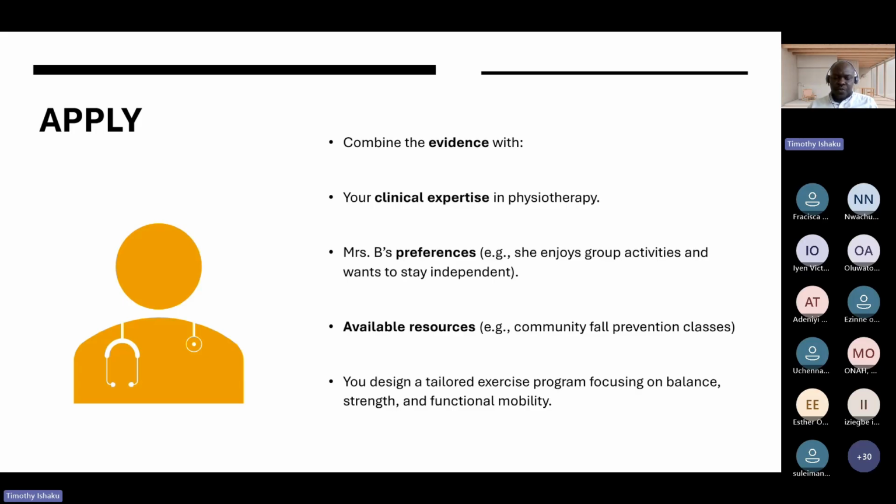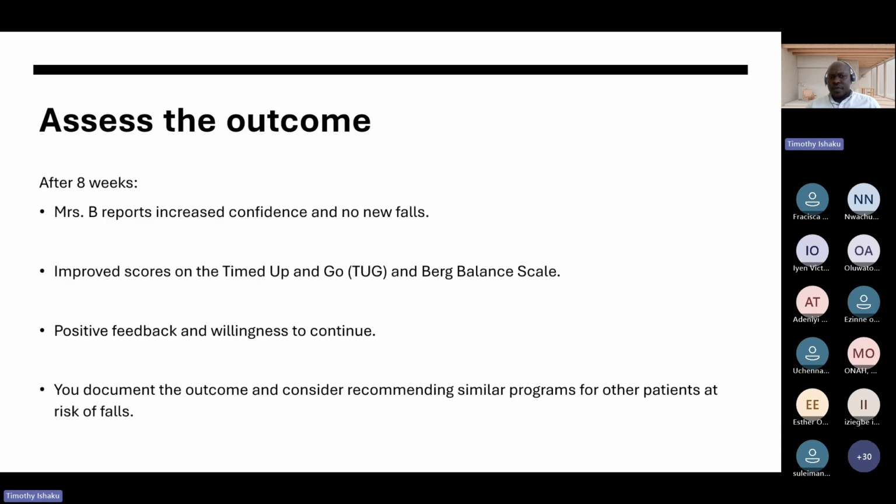For those who remember from the morning, those who have had two falls or more within the last 12 months are already automatically at high risk. And it is recommended, apart from the assessment, that we plan a tailored exercise program focusing on balance, strength, and function. And it's something that you probably want to do also for Mrs. B.